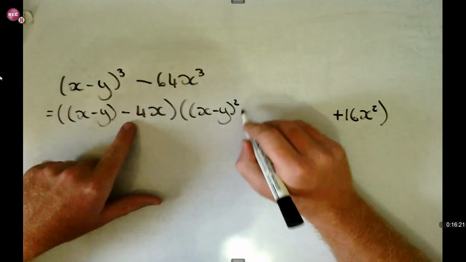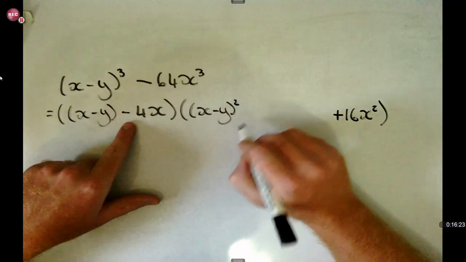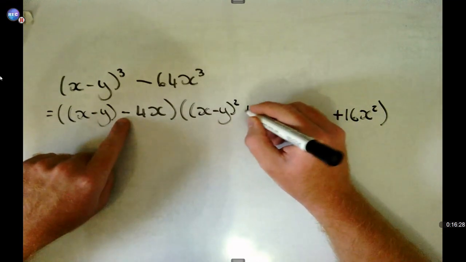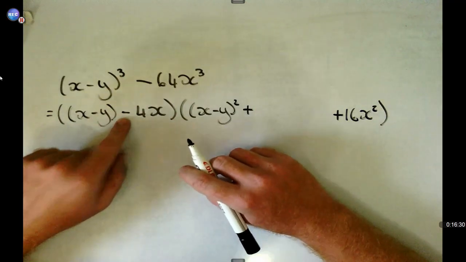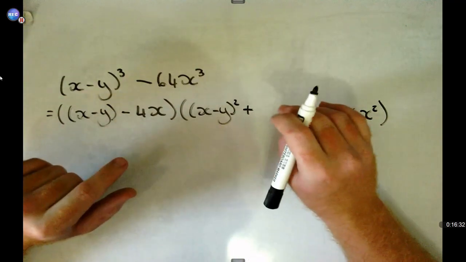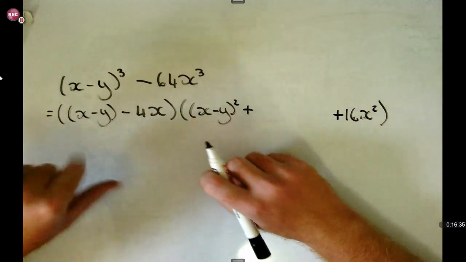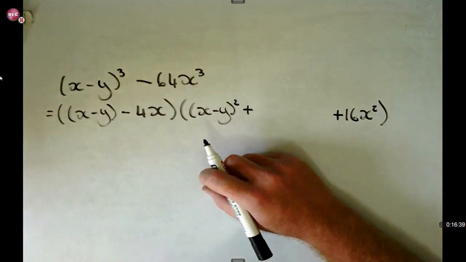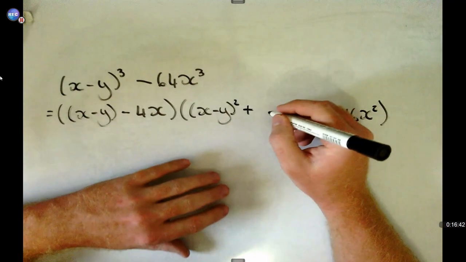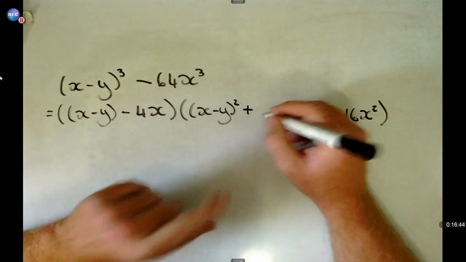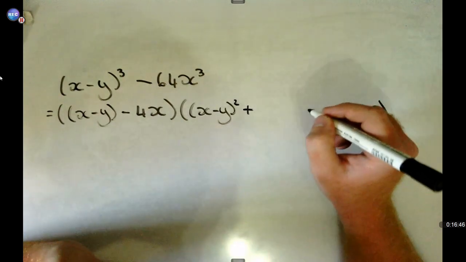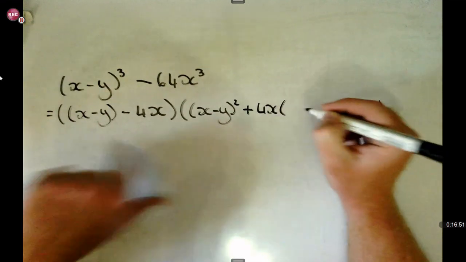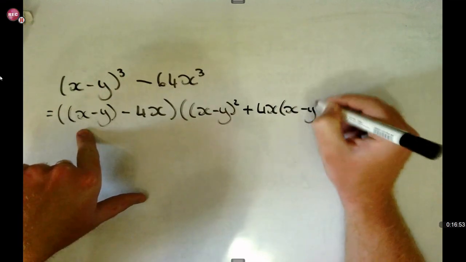Your second sign, or rather, sorry, your first sign in your second bracket will always be the opposite of the first one, so that will also be positive. Okay? Then your second term in your second bracket will always be the first term here and the second term multiplied with one another. So we will have it as follows. You will have 4x multiplied by (x minus y).